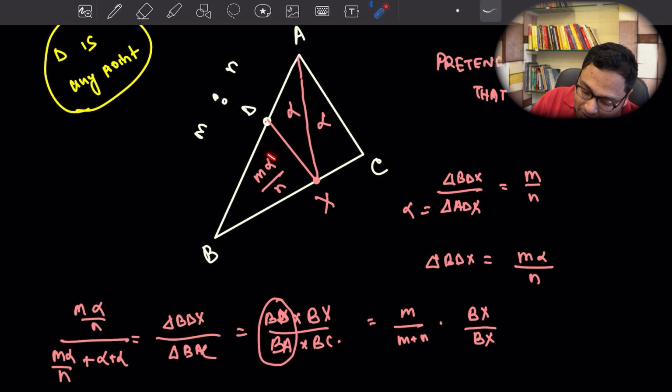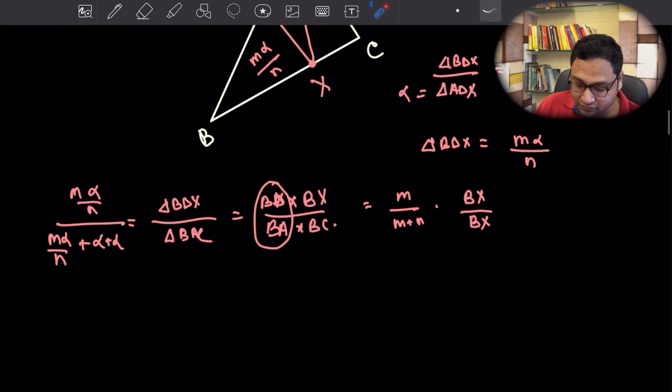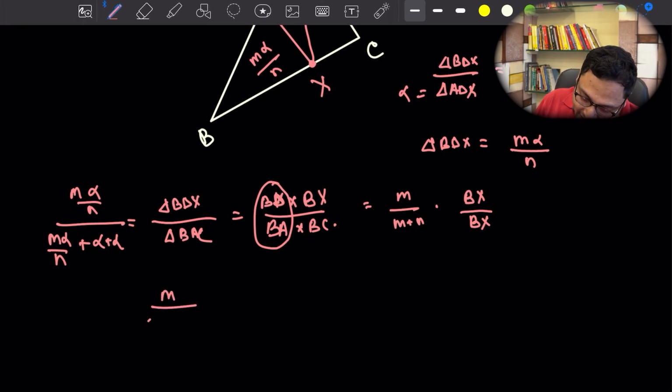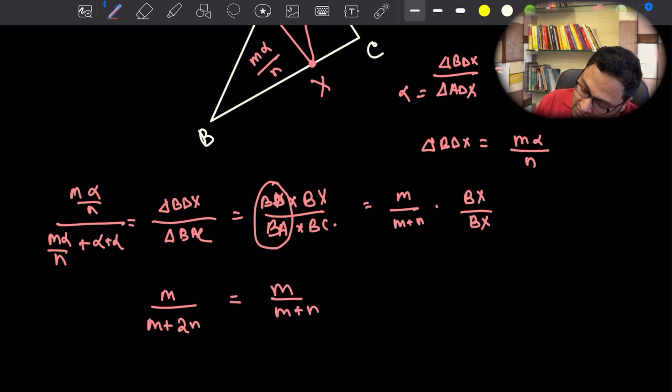BAC is m alpha by n plus alpha, right? So what we have is that m by m plus 2n is equal to m by m plus n times BX by BC.